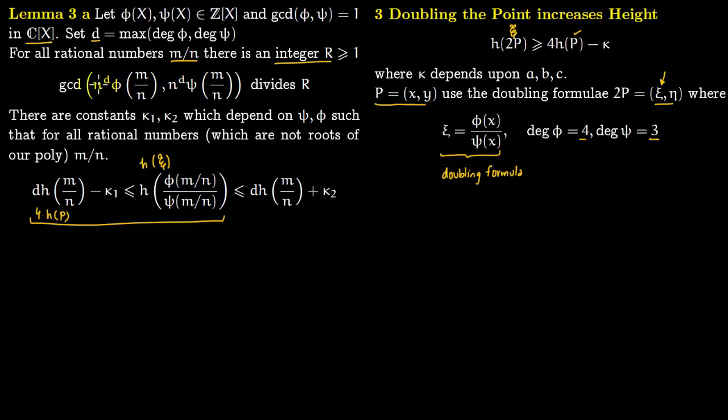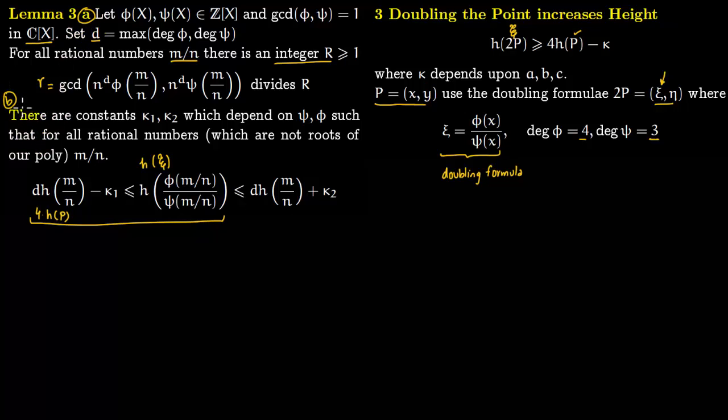This n is the same as the n in the denominator, and d is the maximum degree, and in the proof it will be clear why we are multiplying by n^d. So this is the first result we want to prove, part a.